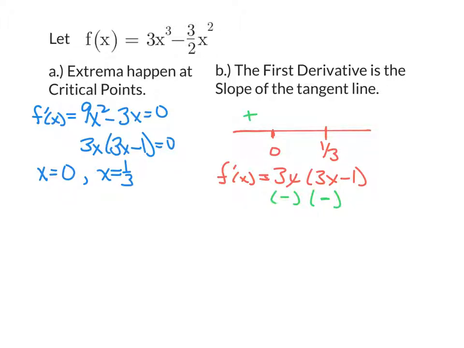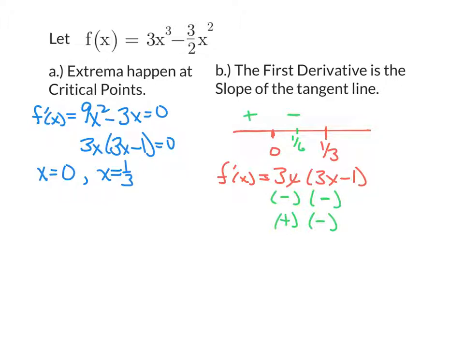Now there's not much in there, but if I took halfway, that would be the number 1/6. So looking at f prime of 1/6, well, 3 times 1/6 is a positive number. And 3 times 1/6 is actually a half, and a half minus 1 would be negative. So positive times negative means that every derivative on this interval will be negative.